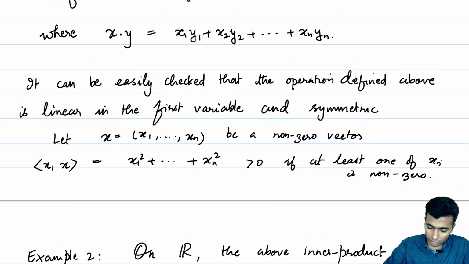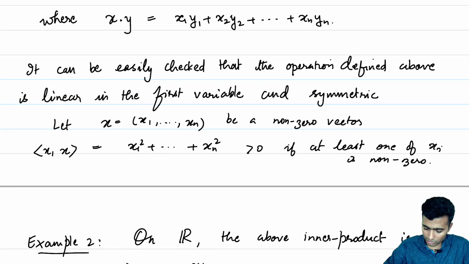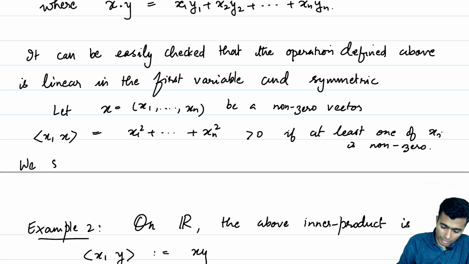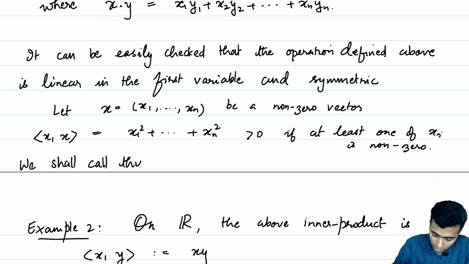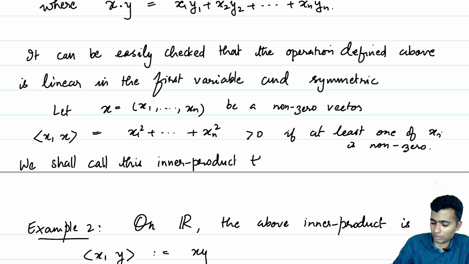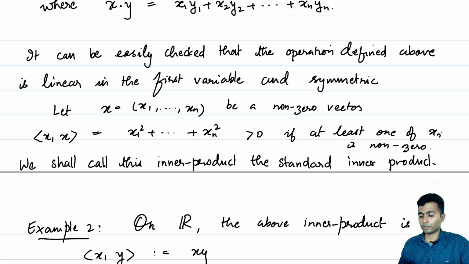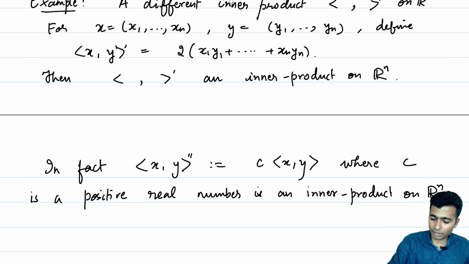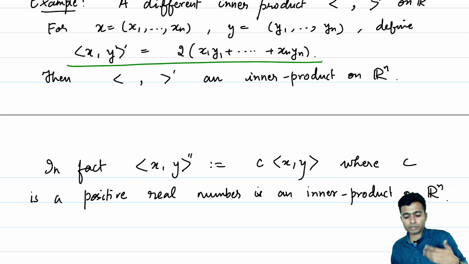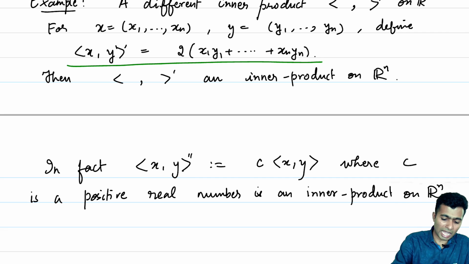Of course, this particular inner product is a bit special. So let's do one thing. We shall call this inner product the standard inner product. Of course, there was nothing special about this inner product, because why is it better than, say, this inner product? There is no reason to say that one is better than the other. So there is no natural choice.